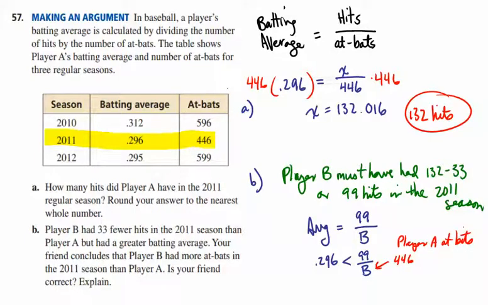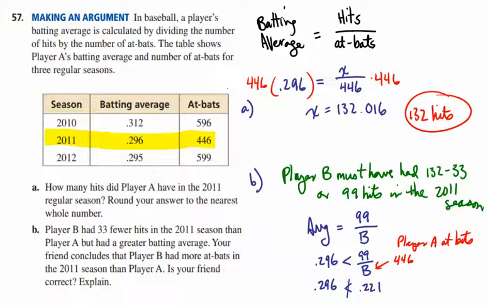Now, if we put 99 over 446, we would get 0.221 for a batting average. And is that greater than 0.296? It's not greater than 0.296.